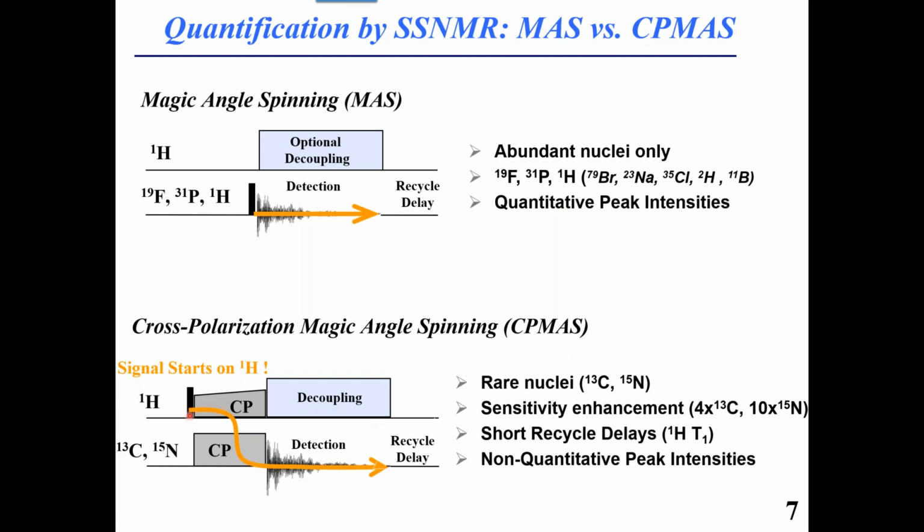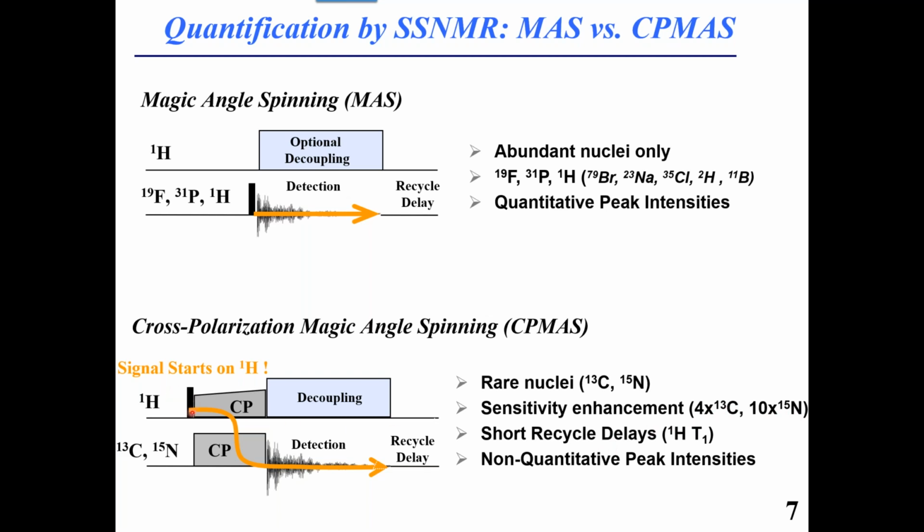The signal literally starts at protons and is cross-polarized, in this cross-polarization step, to the rare nucleus, carbon or nitrogen, and it's detected with, again, optional decoupling. It affords two sensitivity factors. One is the so-called gyromagnetic ratio between proton and carbon, which is an enhancement factor of 4 times, or for nitrogen 10 times.